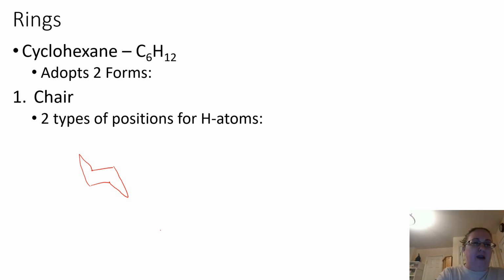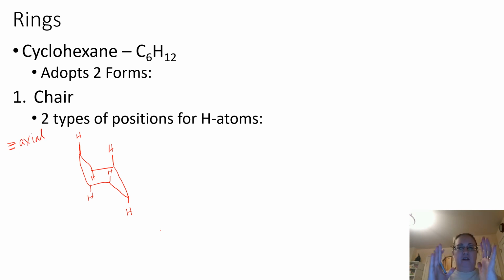If I walk around with each one of my carbon atoms, I'm going to have hydrogens that are pointing directly up and pointing directly down. They are on this nice vertical axis compared to the chair itself. All of these ones that I have drawn here, and I'm going to leave them in red, are what we refer to as the axial position.